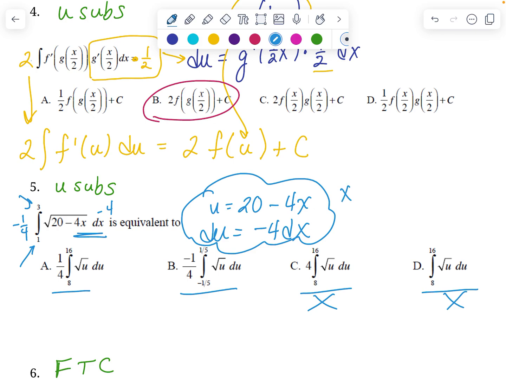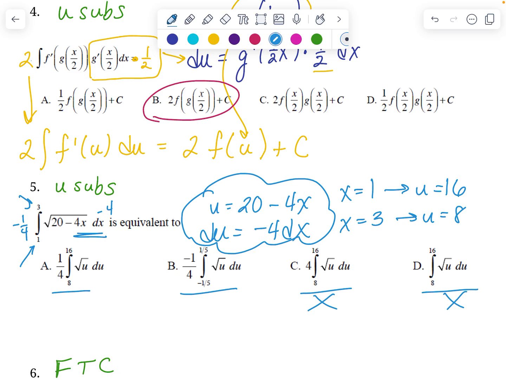If x were 1, what would u be? If I put in a 1 for x, I'd get 16. And if I put in a 3 for x, 20 minus 4 times 3, so 20 minus 12 is 8.